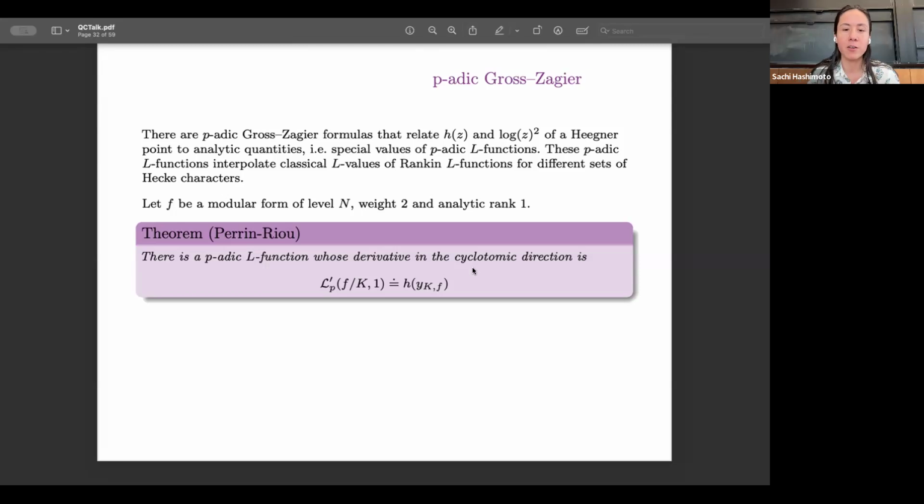So it's almost as if I took the Gross-Zagier statement and just put a subscript p on everything. I have a height of a Heegner point on the right side, the f-isotypical component, and the derivative of a p-adic L-function on the left side, and not much has changed except that all the quantities here are p-adic.